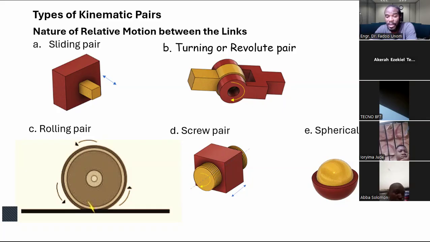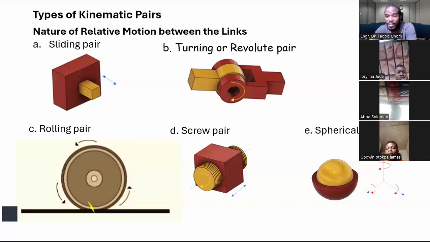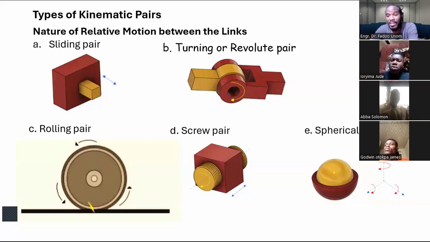And then the spherical pair is, as the name implies, you have a hollow spherical space, and then you have another sphere within that hollow sphere, and the sphere or the ball is allowed to roll in all the various axes that we have, so it can roll freely in any direction without detaching from the contact. So those were the types of kinematic pairs that we define.